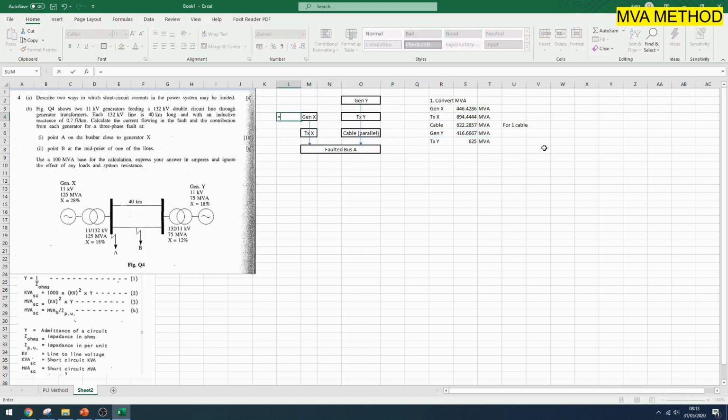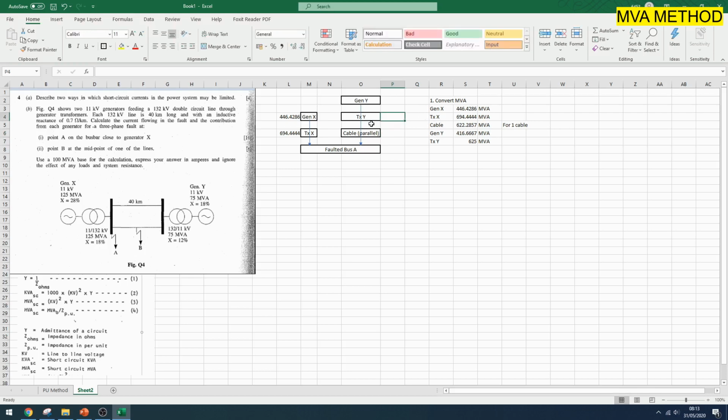So this is equal to this one. This one is equal to this one. Oh, sorry. This one is equal to cable. For cable in parallel, I will write down later.